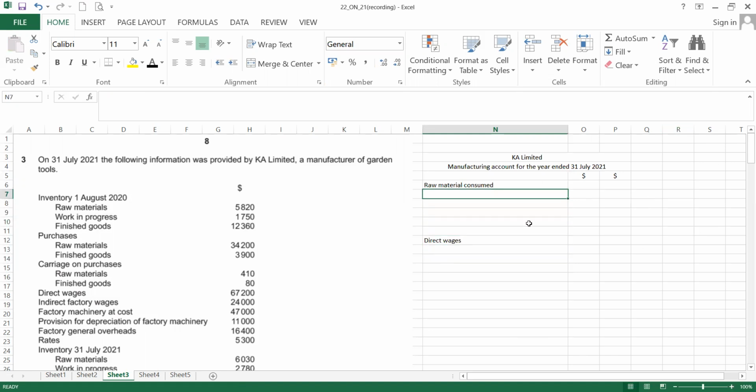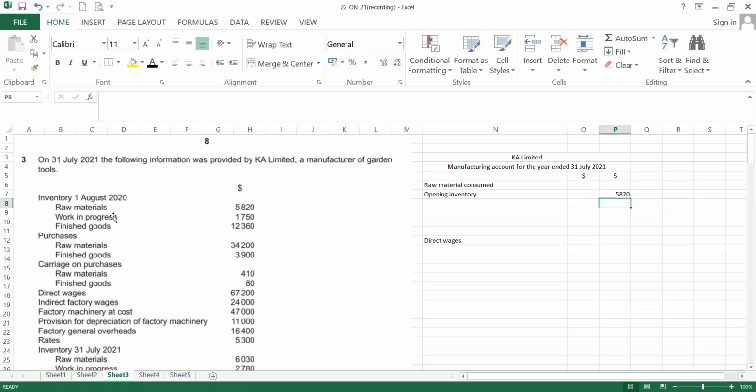Okay, here for raw material consumed, we have the inventory at the beginning of the month, so beginning of the year. So we put in opening inventory, which for the raw material amount is 5820.